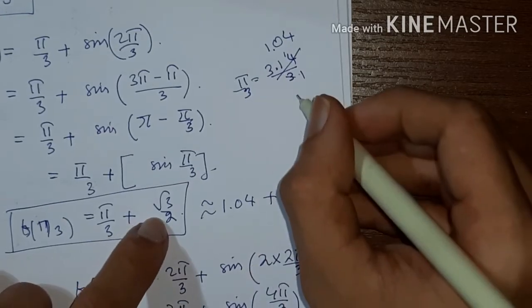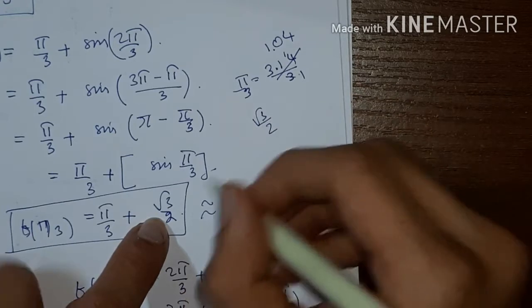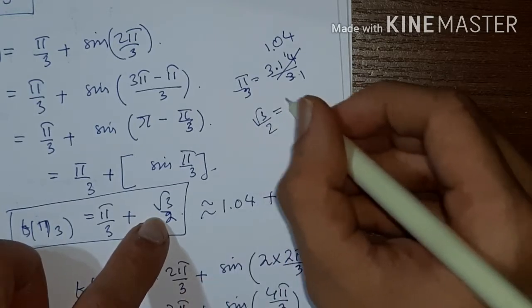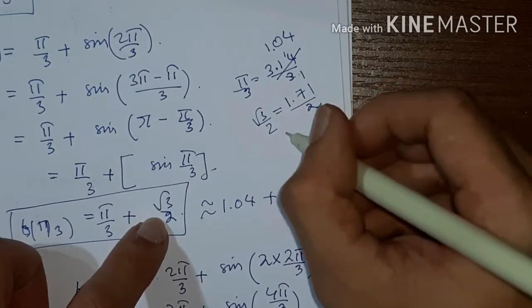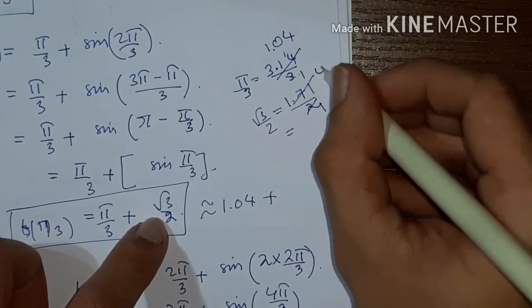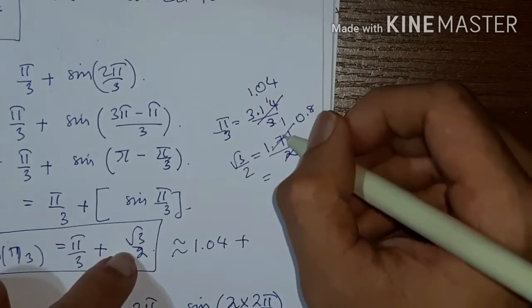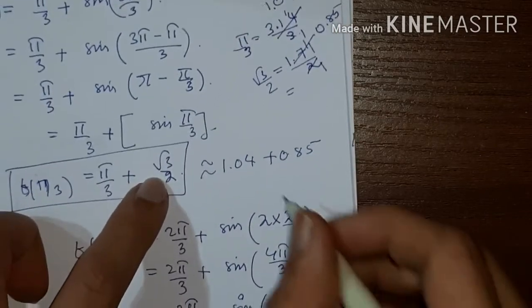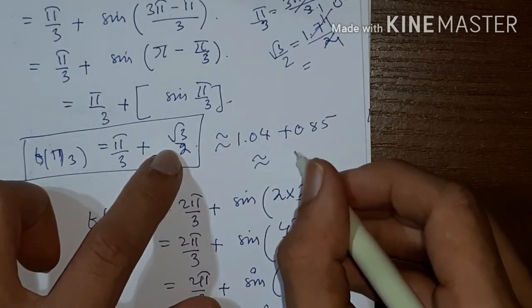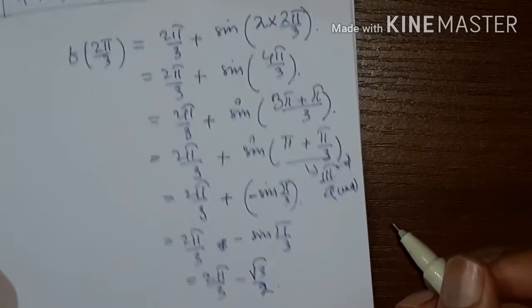Plus, now we have to calculate root 3 by 2. Root 3 is 1.71 divided by 2, so 0.85 approximately. So approximately this will be 1.89.